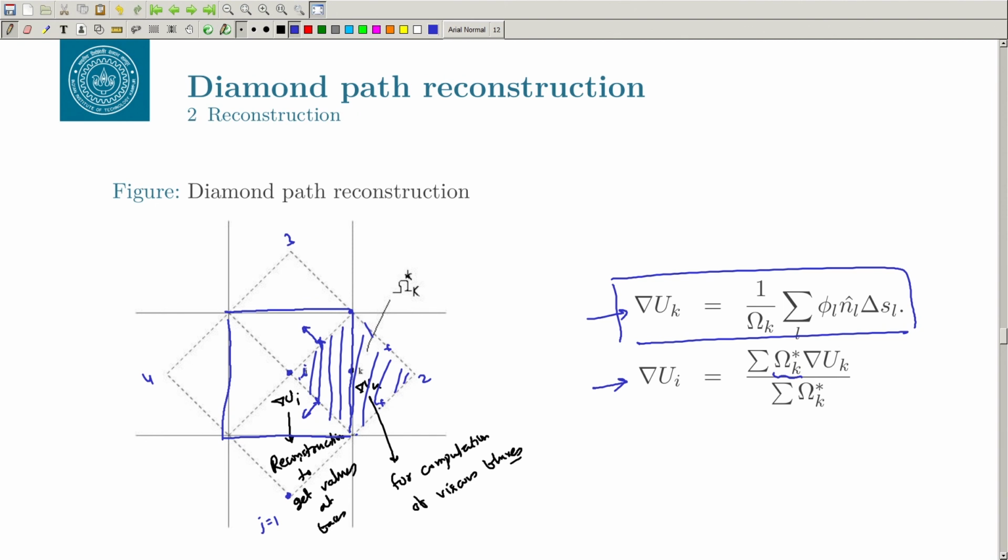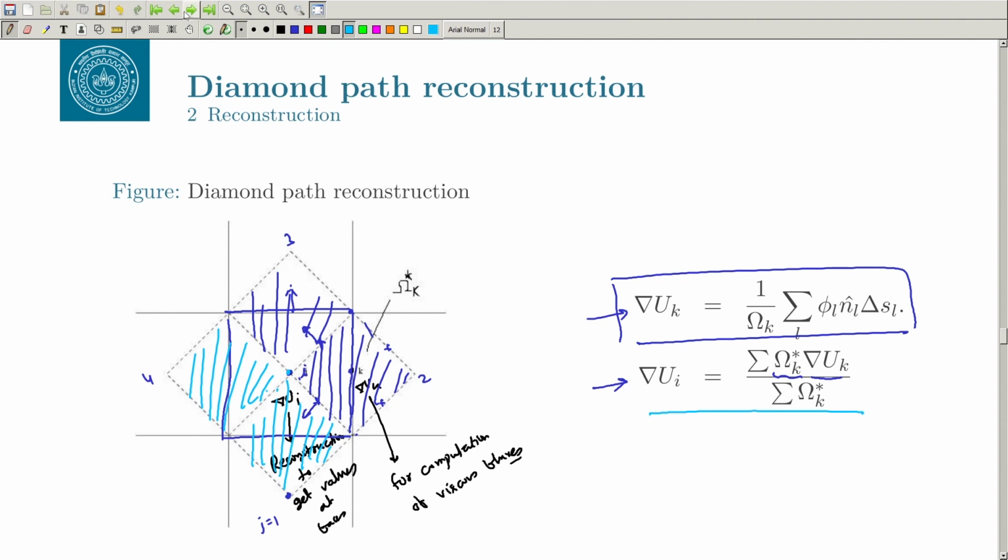Then you consider the next one, take the gradient here and multiply with this volume, then the third one, take the gradient here, multiply with this volume, and finally the fourth one, the gradient here, multiply with that volume, and finally you can get the gradient at the center of the cell also.